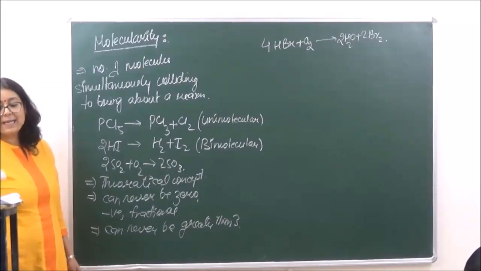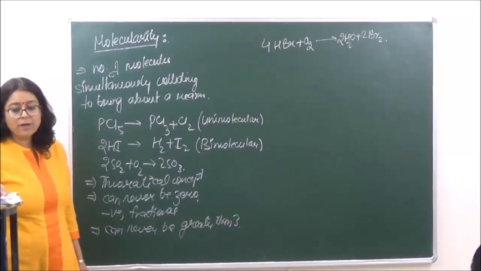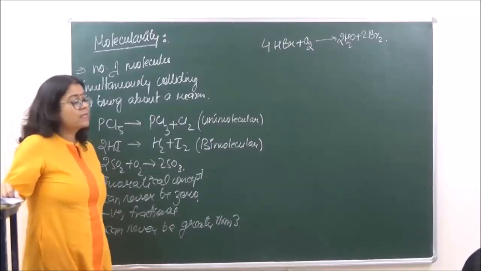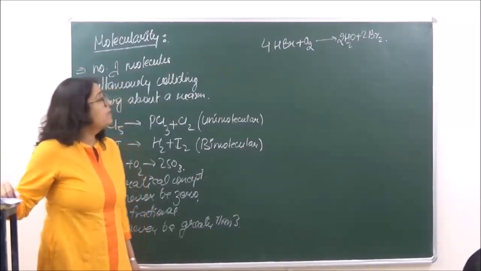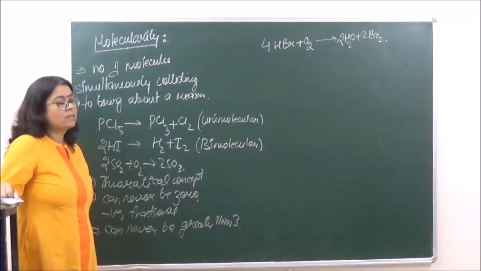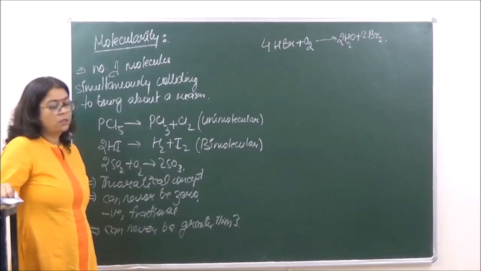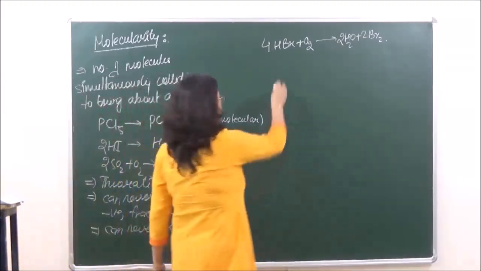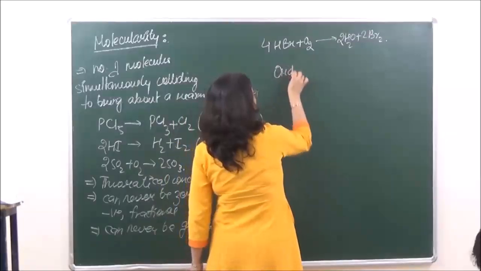But the molecularity is not 5 over here, because such reactions will always go to completion in more than 2 steps. So the slowest step is going to give us the molecularity of a reaction. Got it? Then we have the order of the reaction.